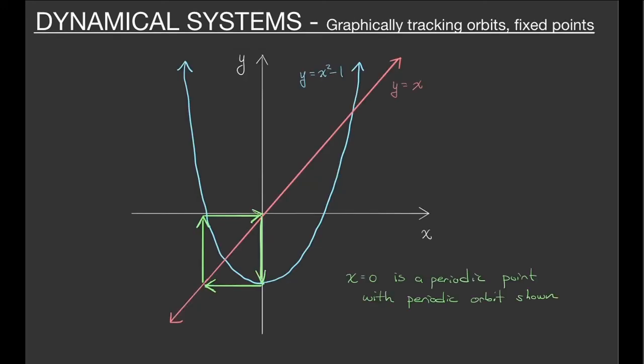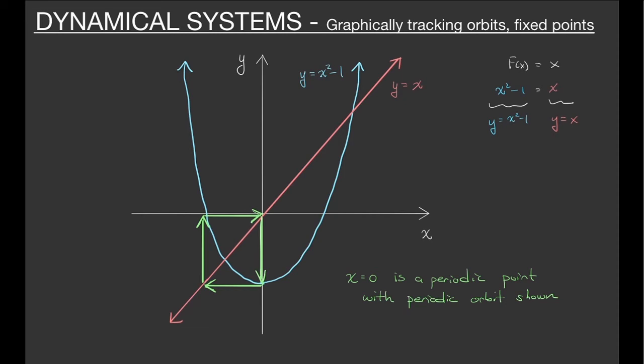Now we said that x equals 0 was a periodic point of x squared minus 1. If we want to find fixed points, we would say x squared minus 1, which is our function value, is equal to x. We can draw these two curves, and solving this equation amounts to finding where these two curves intersect. We see that there are 2 places where they intersect, so there are 2 fixed points.